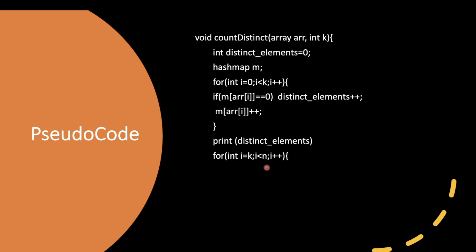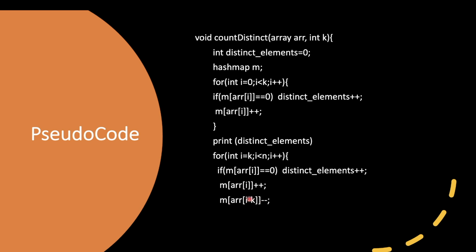This is the loop to slide the window. We will take the next element of the window, that is arr[i], and if its frequency is 0, we are getting that for the first time. We will increment our distinct elements like we did here, and we will also increase its frequency, and we need to remove the last element, so that is arr[i minus k].